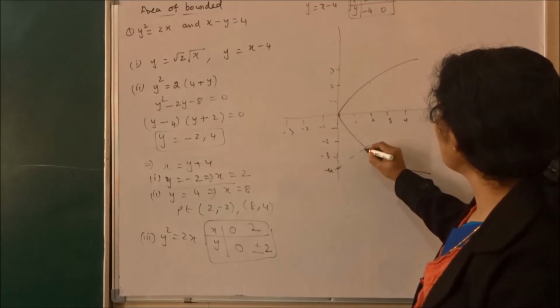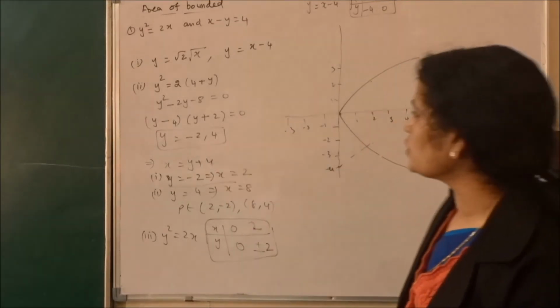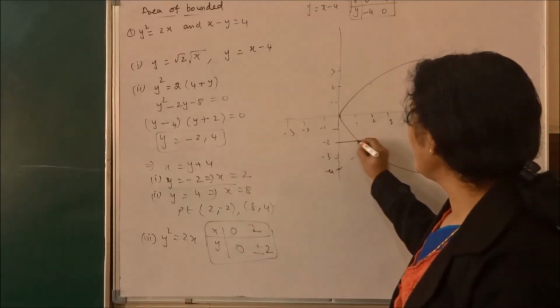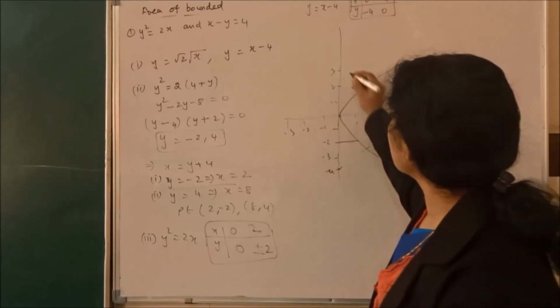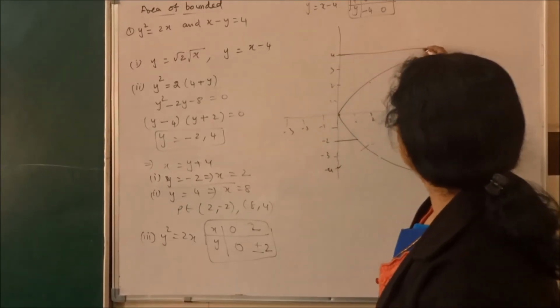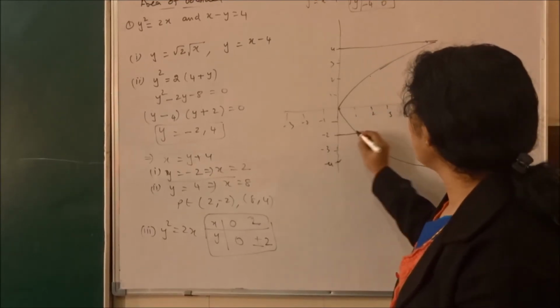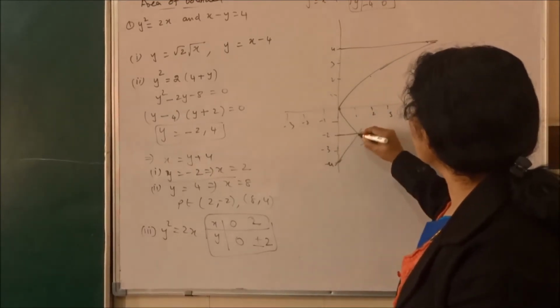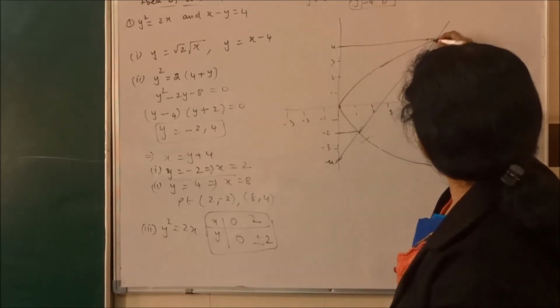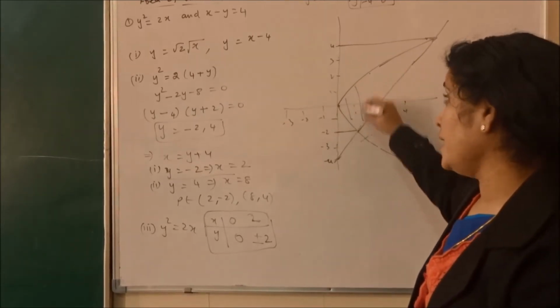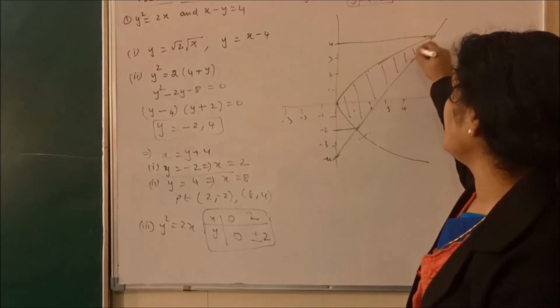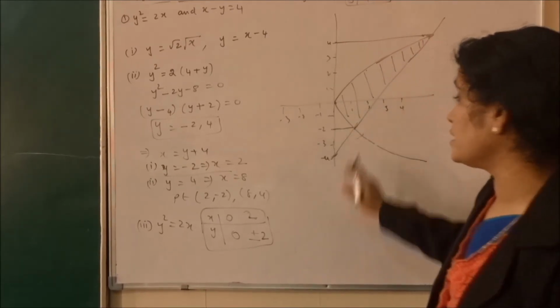The line goes like this. The intersecting points are y-axis minus 2 and y-axis positive 4. Now draw one line like this, through 4 and then minus 2. The line crosses like this. Clear?